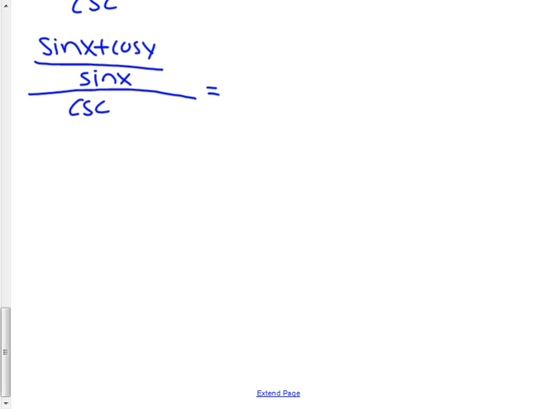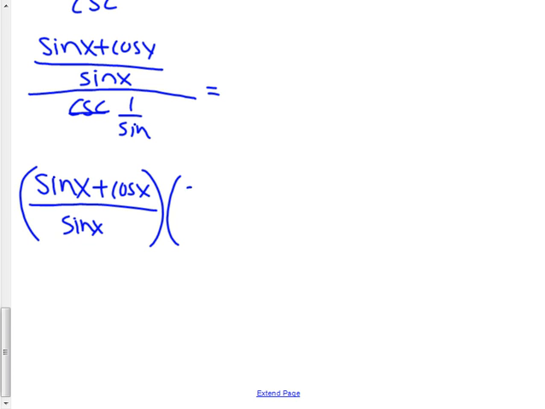Our biggest thing is breaking things into sine and cosine because that helps. Do you think I could change this cosecant into 1 over sine? And then I'm going to flip it up. Then our sines cancel.